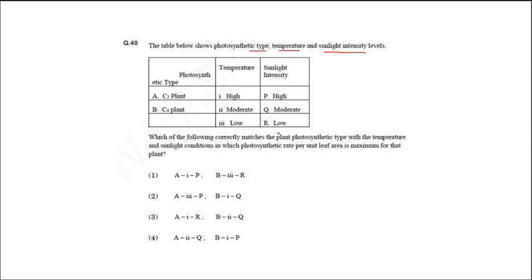Which of the following correctly matches the plant photosynthetic type with the temperature and sunlight condition in which the photosynthetic rate per unit leaf area is maximum for that plant? So it is asking under what temperature and sunlight condition the photosynthetic rate will be maximum.